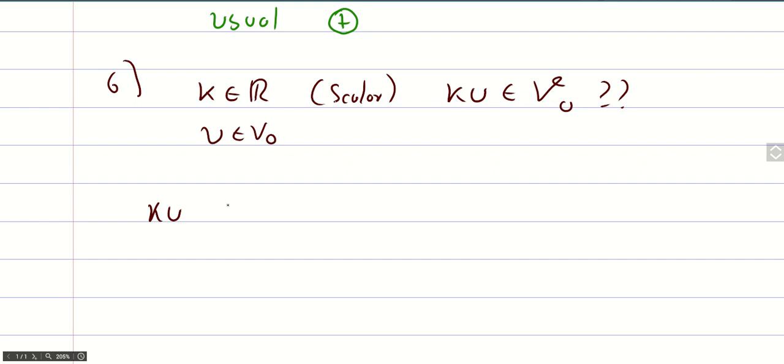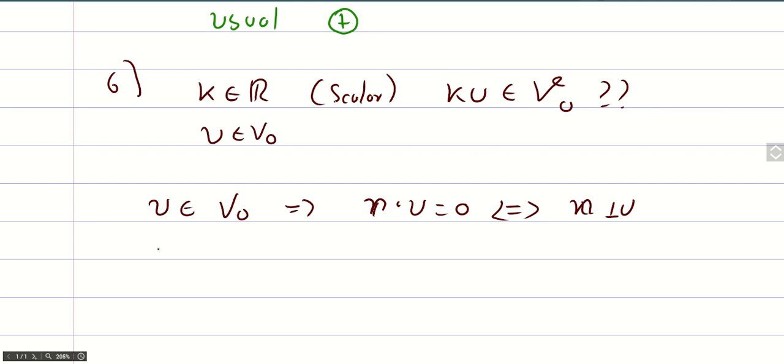Let's go from the beginning. If u is part of V0, that implies that n times u is equal to 0. This is equivalent to say that n and u are orthogonal. Ku is just a scaling.